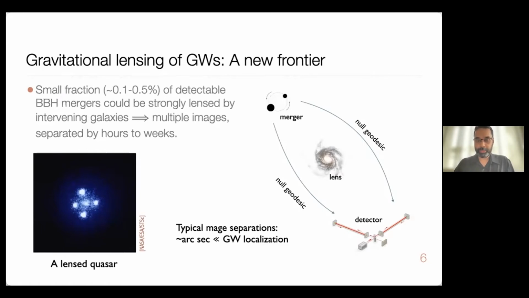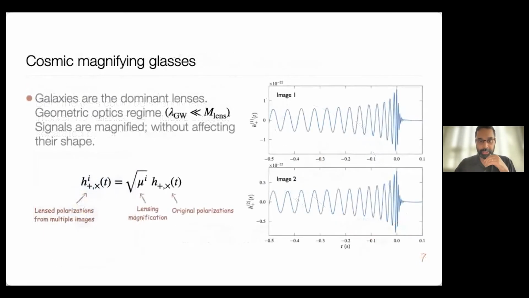In this approximation, the lensing does not change the frequency profile of the signal. It only introduces a relative magnification, so it magnifies or demagnifies the different images differently. It can also introduce a phase delay between the images, apart from obviously a time delay. Essentially, these multiple copies of the signals would look the same, apart from an overall change in the magnification, as well as a potential constant phase shift between them.